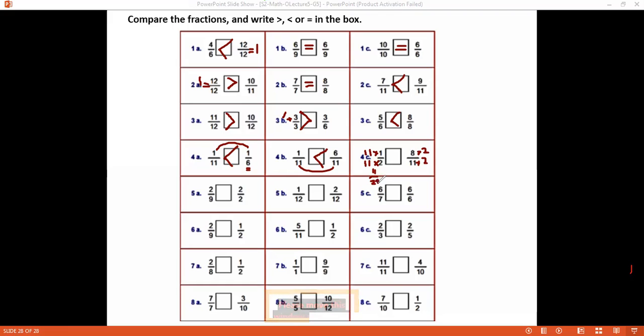And what's 8 times 2? 16 over 22. Now I can compare them because I got the same denominator. So which one is bigger, 11 over 22 or 16 over 22? 16 over 22, you mean. Yes, yes. Okay.